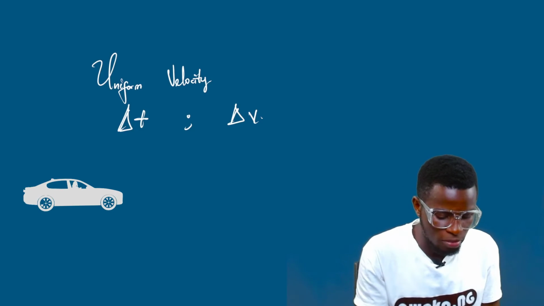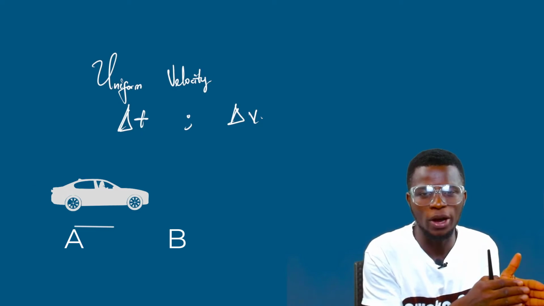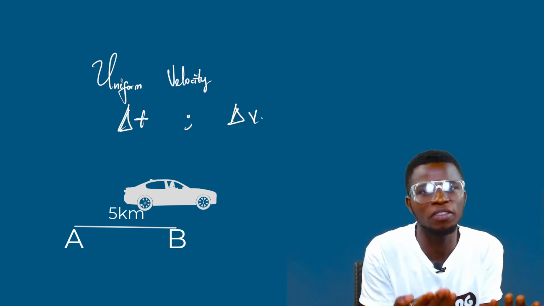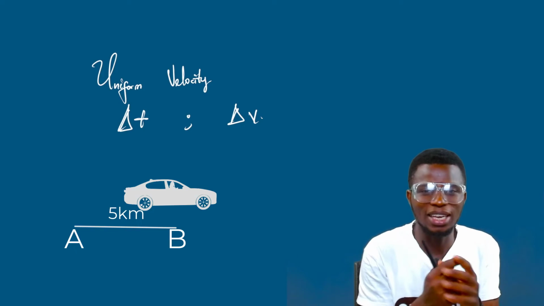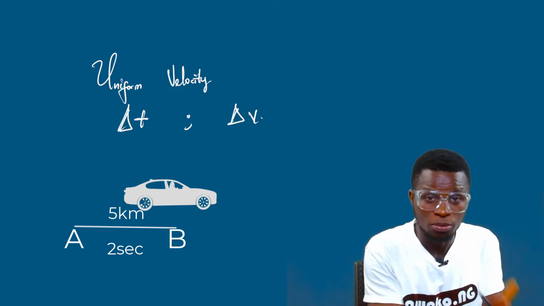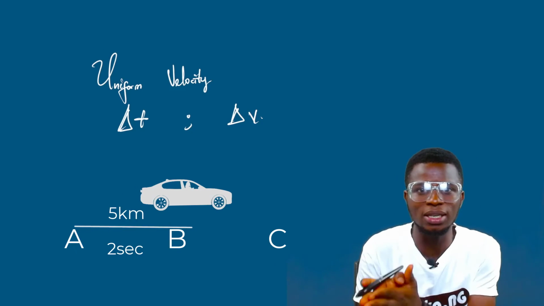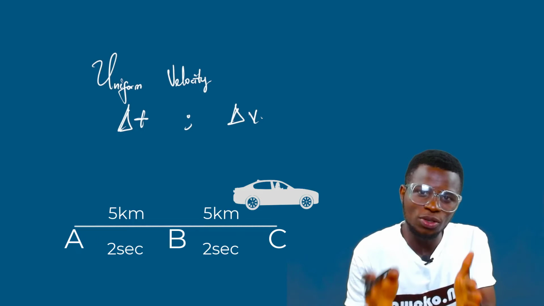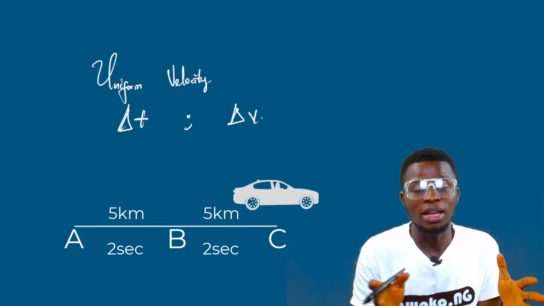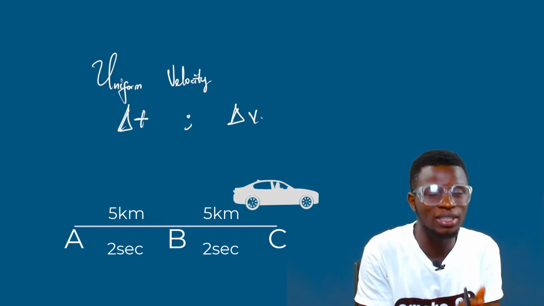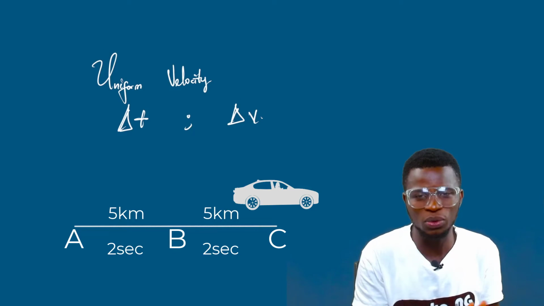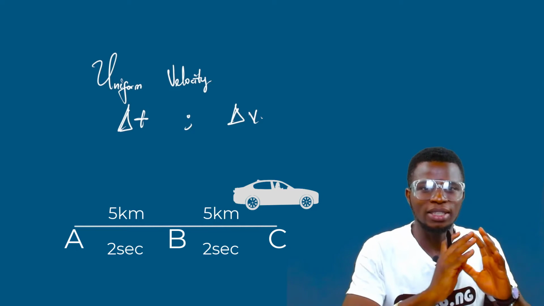So if an object moves from point A to point B, covering a distance of, let's say, 5 kilometers in 2 seconds, and it moves from point B to point C in another 2 seconds, and from point C to point D in 2 seconds, then we say that the body has undergone uniform velocity. But in the case of acceleration, a body is said to accelerate when there is a change.